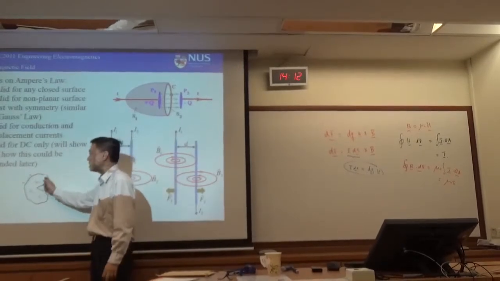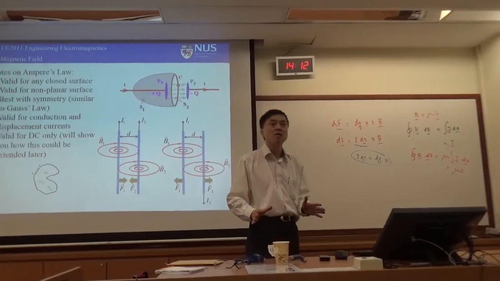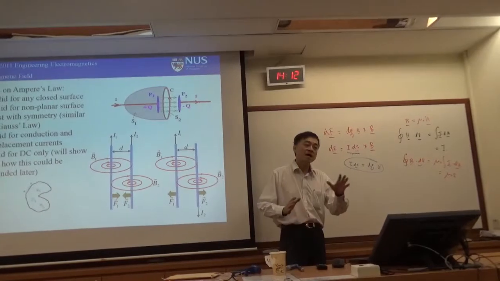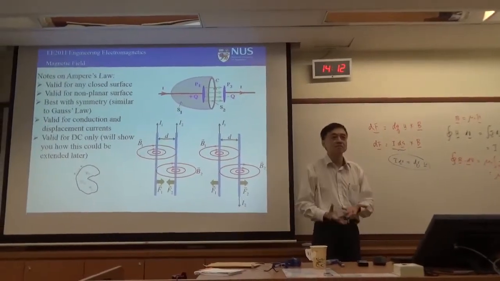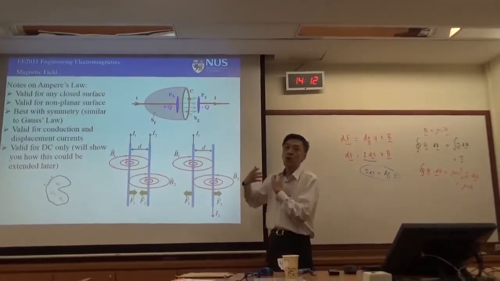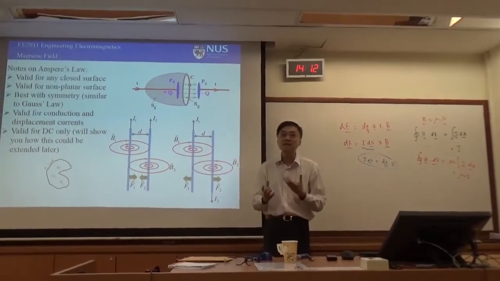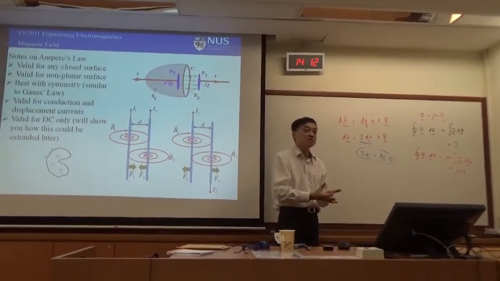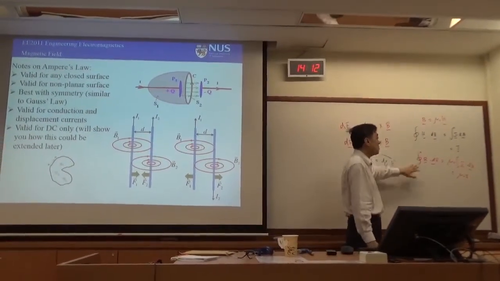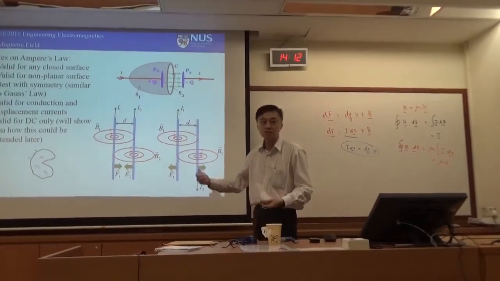However, just like Gauss' law, which applies to all sorts of surfaces, we want to find a good symmetrical surface where the integral for Gauss' law can be dropped quickly. Same thing, we want to find a contour where Ampere's law can be dropped quickly.